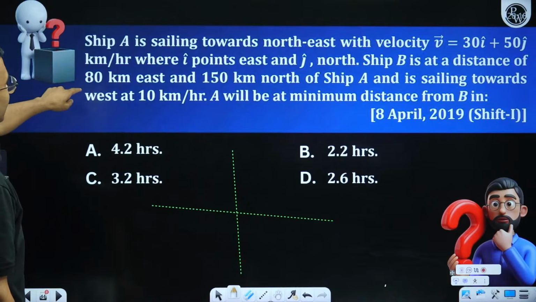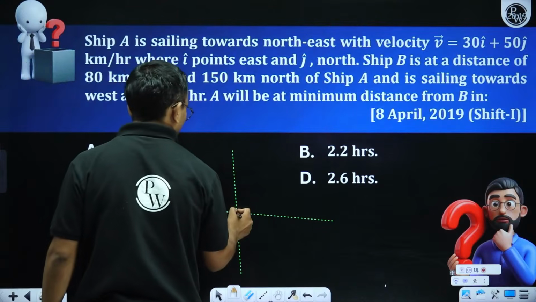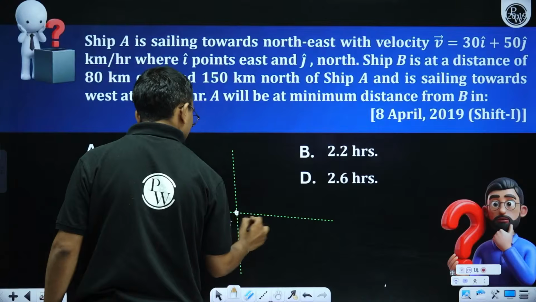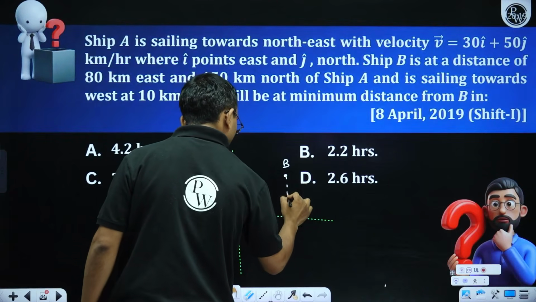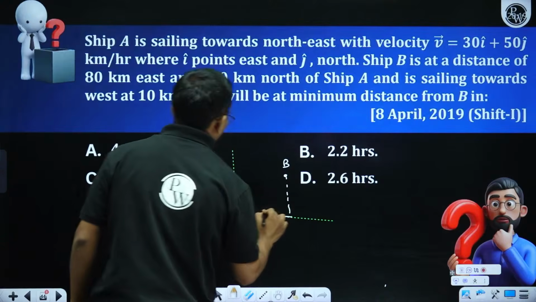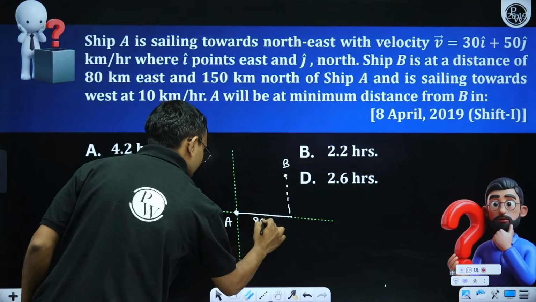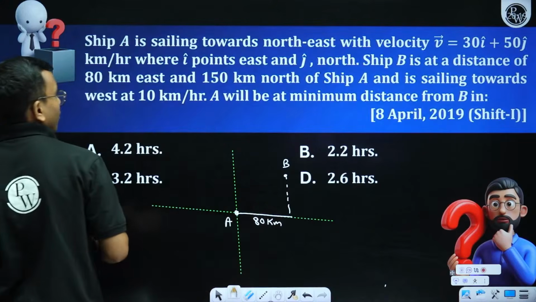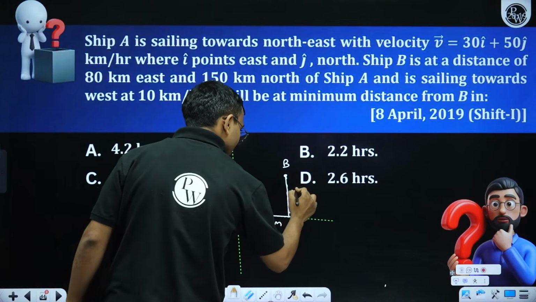Ship B is at a distance of 80 km east and 150 km north of A. Let us take here ship A is there and here ship B will be. 80 km east, this is 80 km, and 150 km north, this is 150 km.